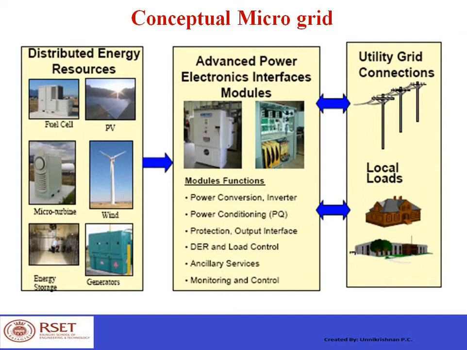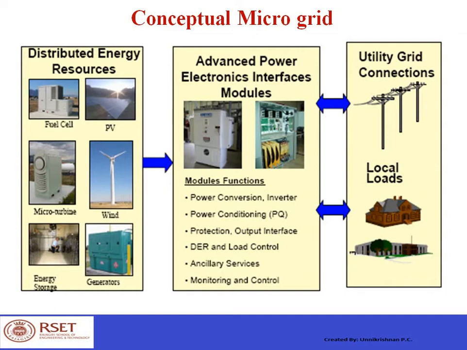This is the picture of a conceptual microgrid. Basically it can be divided into three. The first is the distributed energy resources. The second is advanced power electronic interface modules, and third is the load and the utility grid connections.